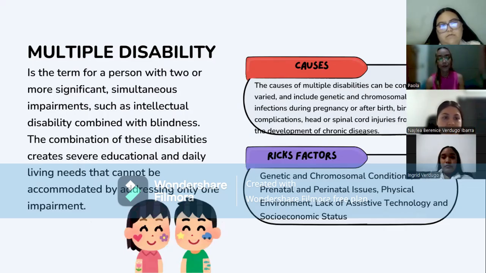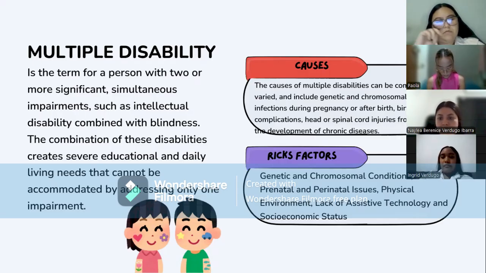Multiple disability is the term for a person with two or more significant impairments, such as intellectual disability combined with blindness. The combination of the disabilities creates severe educational and daily living needs that cannot be accommodated by addressing only one impairment. Causes.